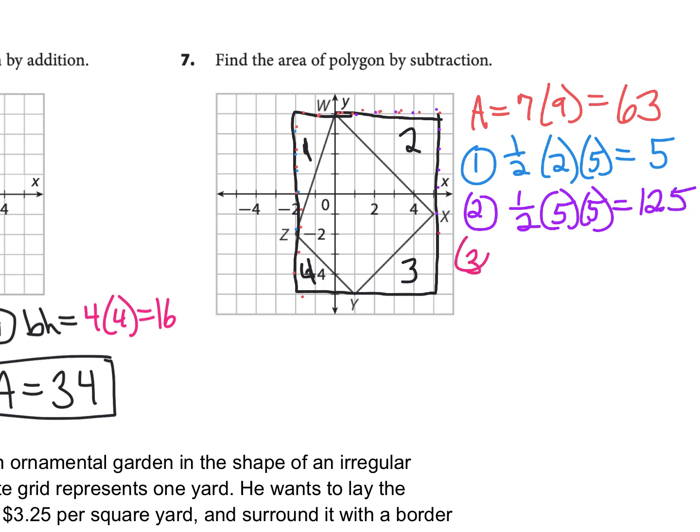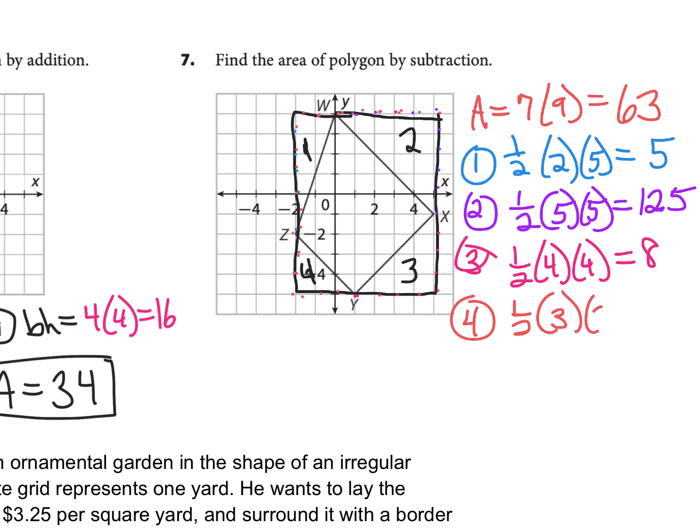Number 3, 1, 2, 3, 4, 1, 2, 3, 4. So 1/2 of 16 is 8. And number 4, 1/2 of 1, 2, 3, 1, 2, 3. 1/2 of 9 is 4.5.